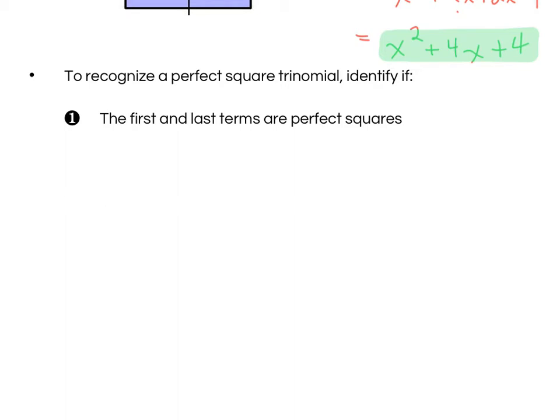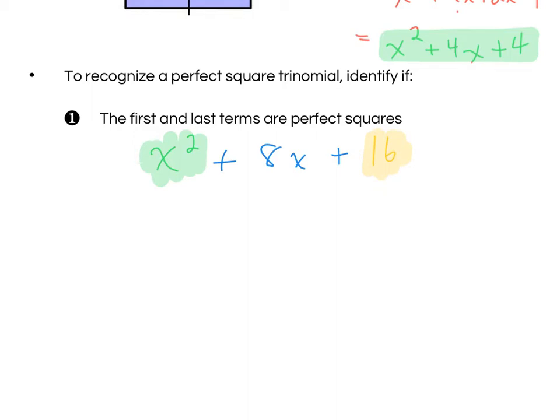So in the last example, if I had something like x squared plus 8x plus 16, and I want to identify if this is a perfect square trinomial, I'm looking to see if the first term is a perfect square and also if the last term is a perfect square in that trinomial.